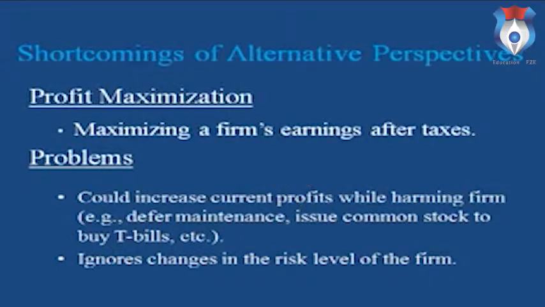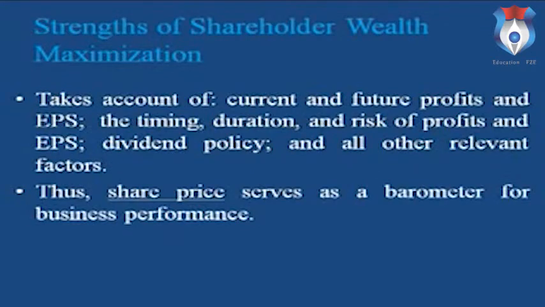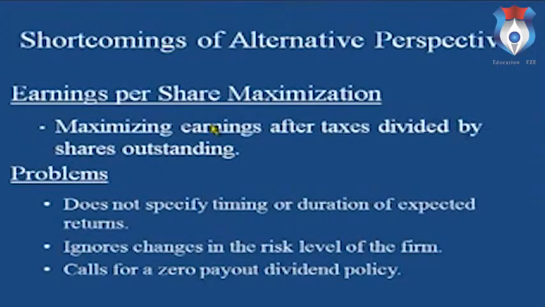The second important goal which we can say should be the goal of the firm is maximization of earning per share. Again, due to the same reason, that it does not specify timing or duration of expected returns, and also it ignores the risk level, this should not be the ultimate goal of the firm.